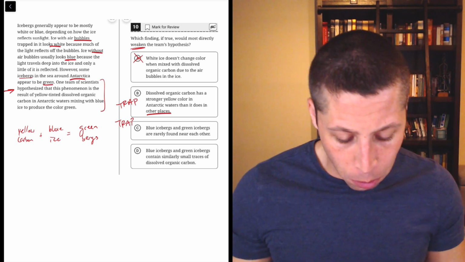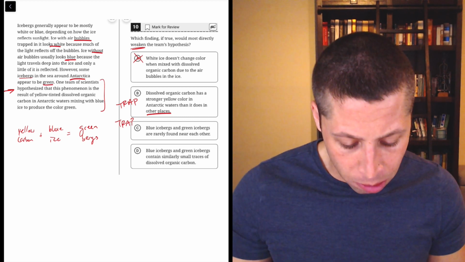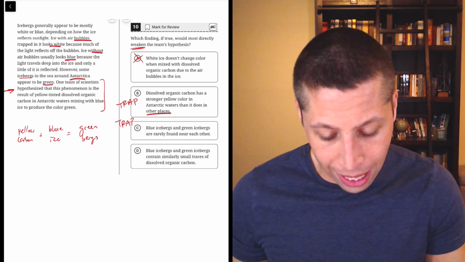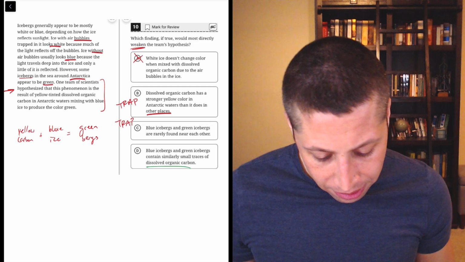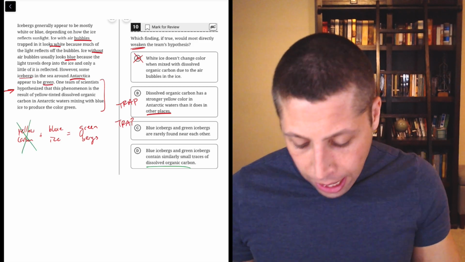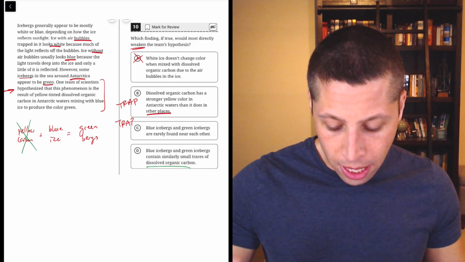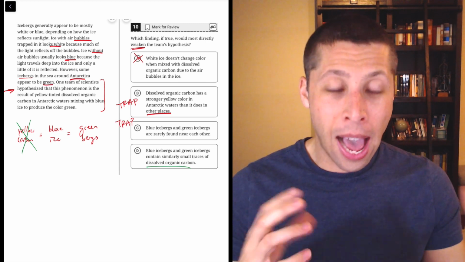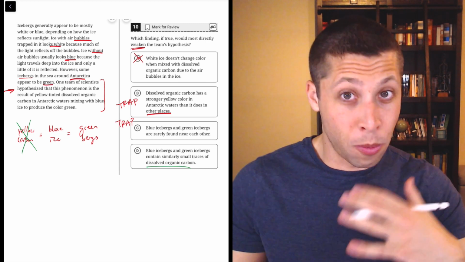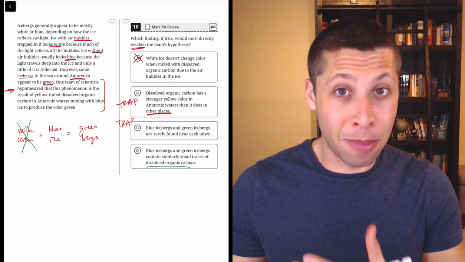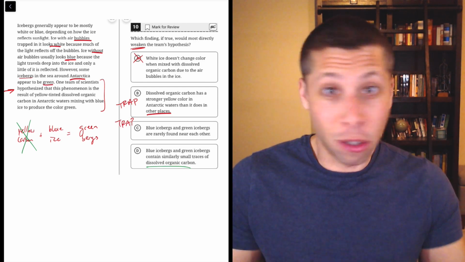D, blue icebergs and green icebergs contain similarly small traces of dissolved organic carbon. So here, they're basically knocking out the yellow carbon. They're saying that blue and green have the same amount of this yellow carbon. So if the blue and the green have the same yellow amount, then they shouldn't be blue and green, right?